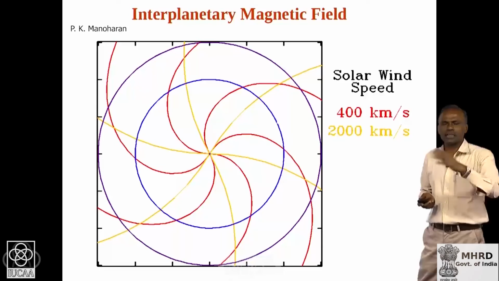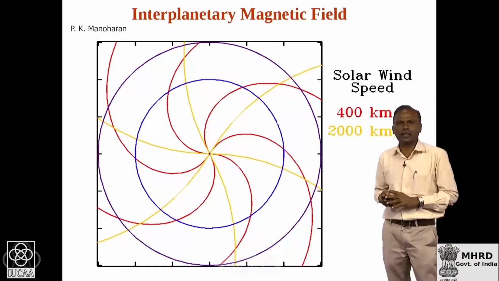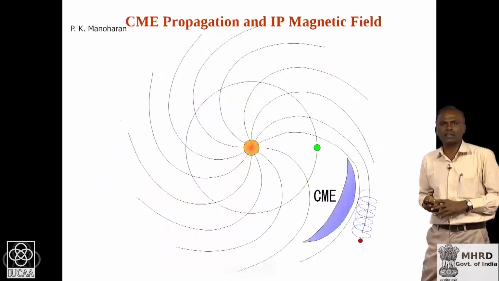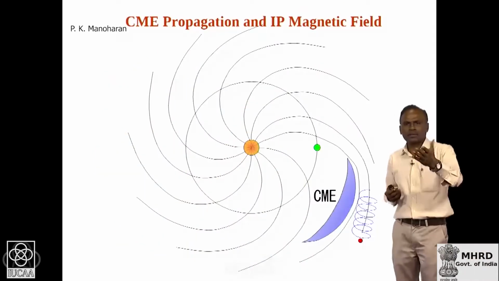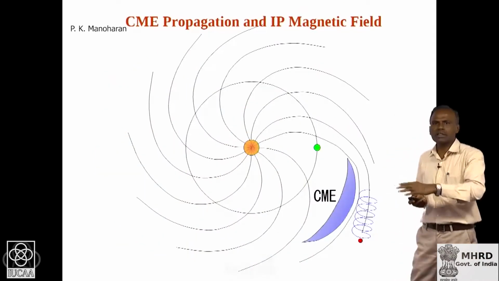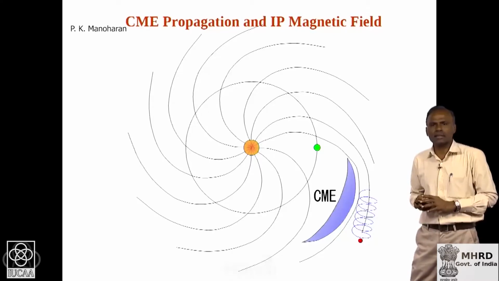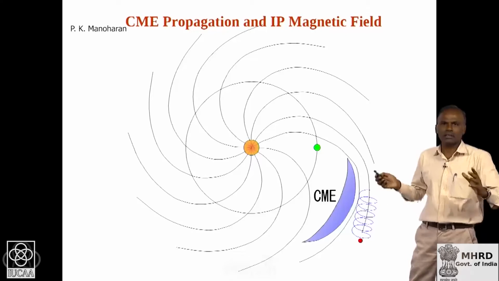So, we can see the varying curving of the interplanetary magnetic field. As I told, if a coronal mass ejection, CME, is flowing out, it drags the magnetic field from the Sun to Earth or beyond.